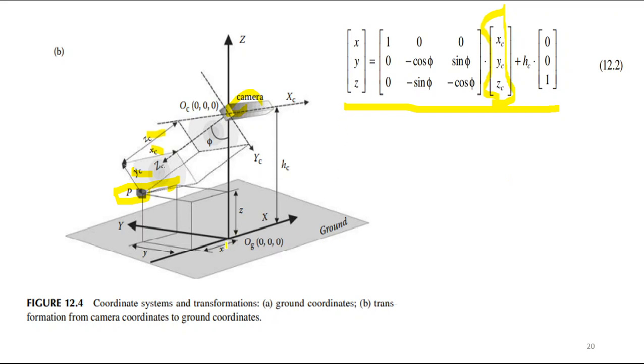We need to understand what their exact values are based on the ground coordinate x, y, and z. Using this equation, we can get their coordinates in the ground coordinate.